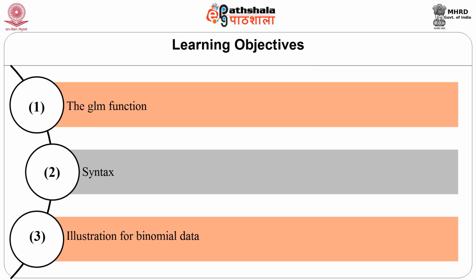Learning objectives for this module. We shall first look at the GLM function in R. Then we shall look at the syntax and various derivative functions which can be applied to the GLM function. And finally, we shall do all this in the context of binomial data.